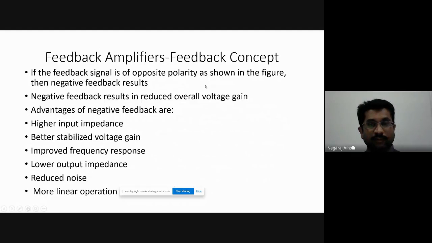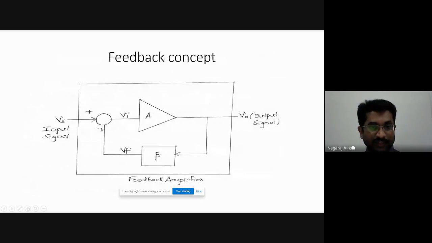If the feedback signal is of opposite polarity, as shown in the figure, that is minus, then negative feedback results. If the output of the feedback network is negative, it is called a negative feedback amplifier. If the output of the feedback network is positive, then it is called a positive feedback amplifier.